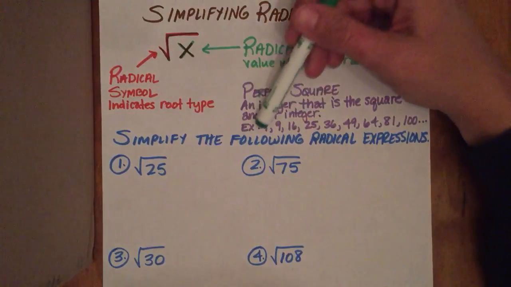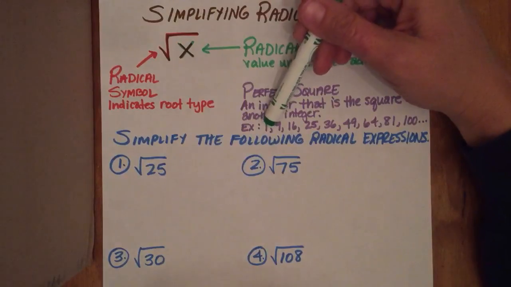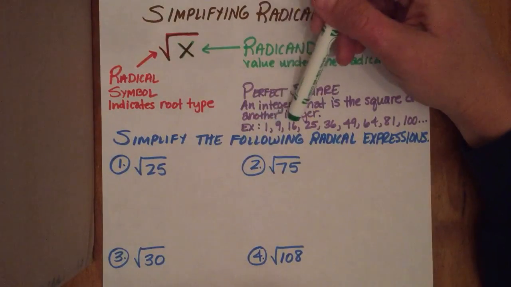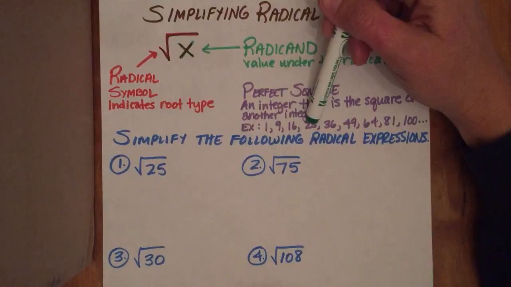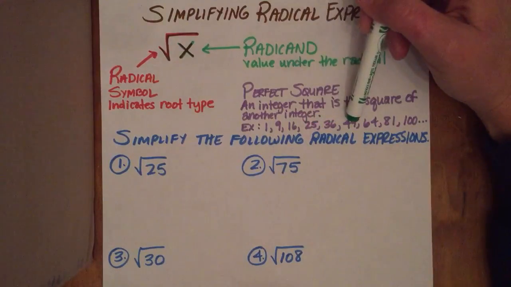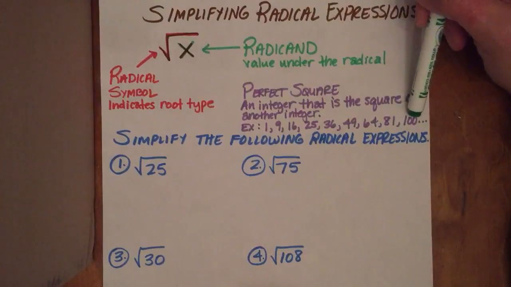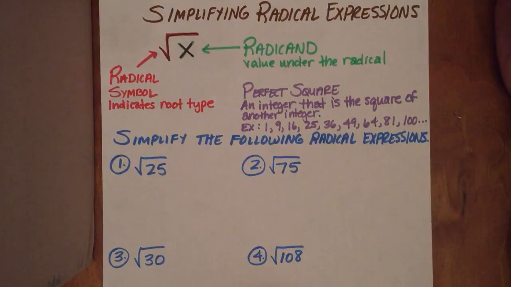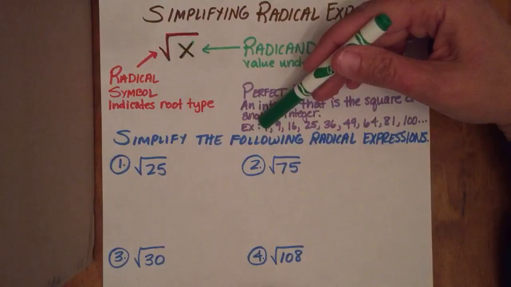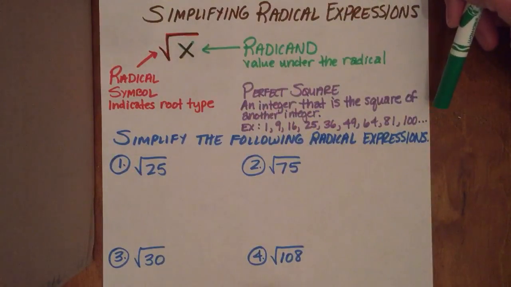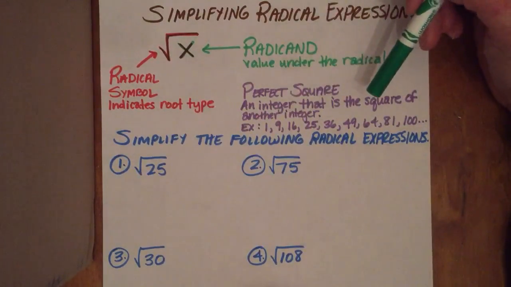Here are some examples: 1, 4, 9, 16, 25, 36, 49, 64, 81, 100. Those are the most common ones you're going to see, the squares of the numbers 1 all the way up through 10.